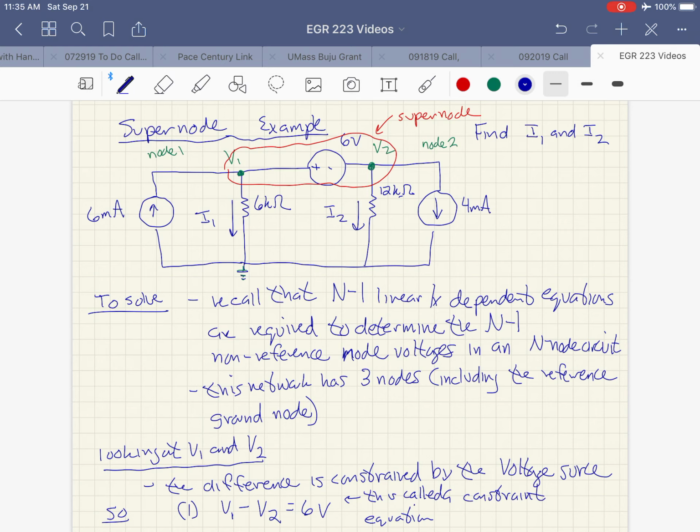It's represented basically as our supernode, which is what is circled in red in our circuit.